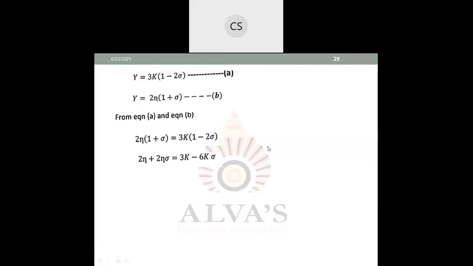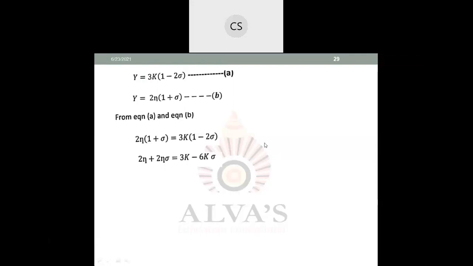Yeah, the screen is visible, right? My screen is visible, you can see the equations coming. Okay, all right, fine.